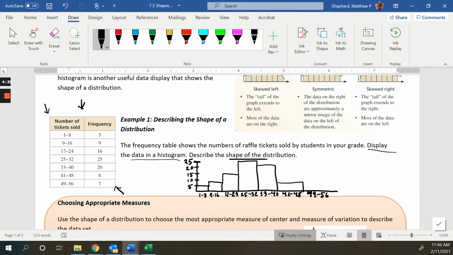And 49 through 56, just barely below it at 7. All right. There is our histogram that we have made.